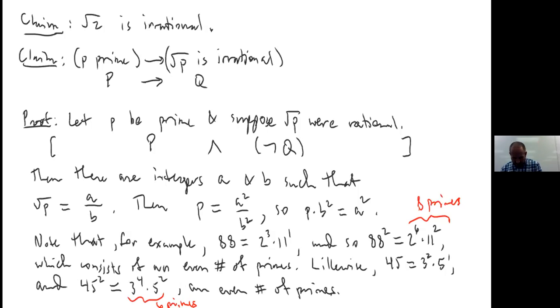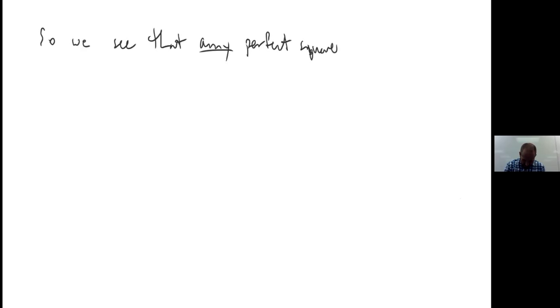So let me just go over to the next page, okay? So we see that any perfect square has an even number of primes in its factorization.